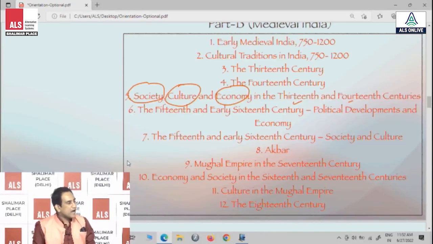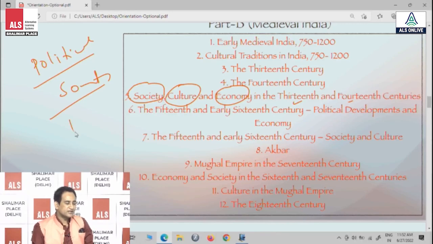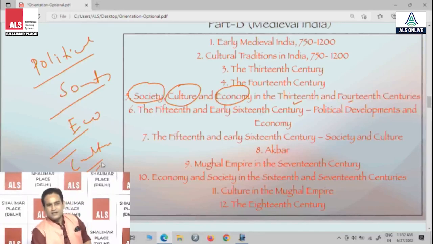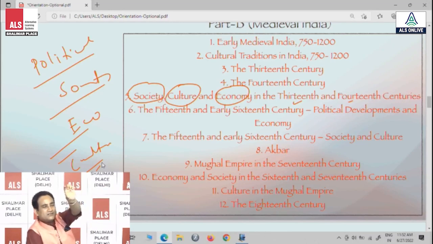So you have to concentrate not only on political development, but on society, economy, and culture in different periods. They have given a very good structure: 1 period political history, then economy, society, culture. Then the second part, political history, economy, society, culture. Like that.